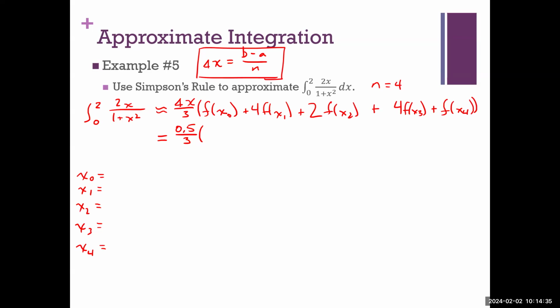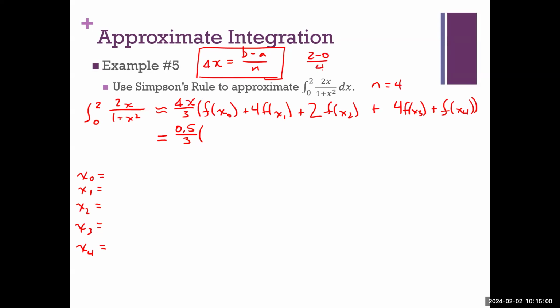It's based on how long the interval is that you're trying to find the area underneath the curve for, and then you divide that up evenly among however many subintervals there are. That gives you that change in x. So it's 2 minus 0 over 4.